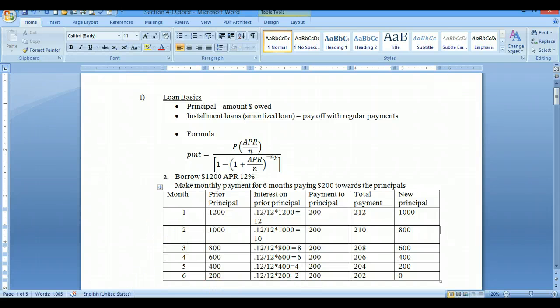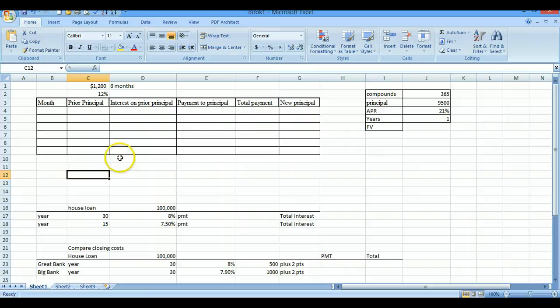So I'm going to go into Microsoft Excel where I've already got us set up just a little bit. Month 1, 2, we said we were going to do 6 months. Since I set up a pattern, I'm going to just grab that and pull it down. The principal we're starting at is $1,200.